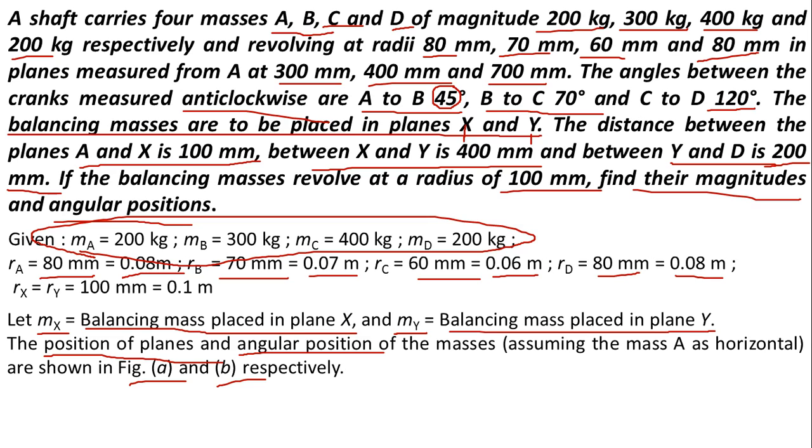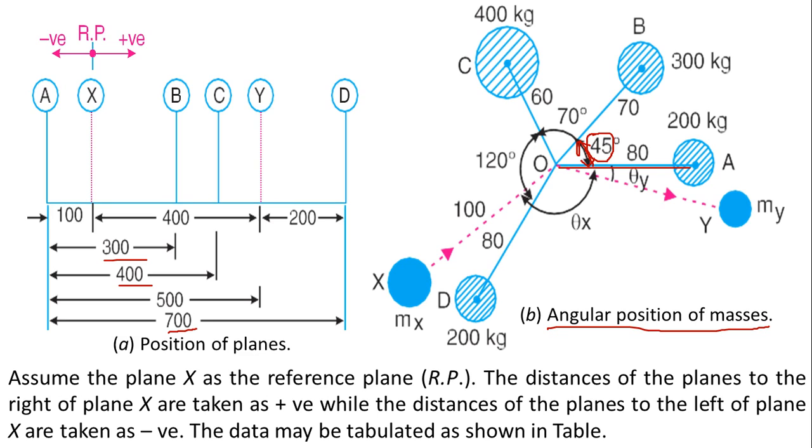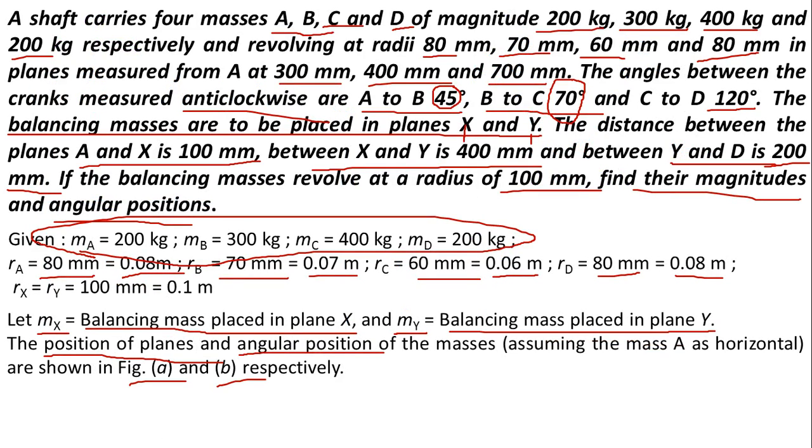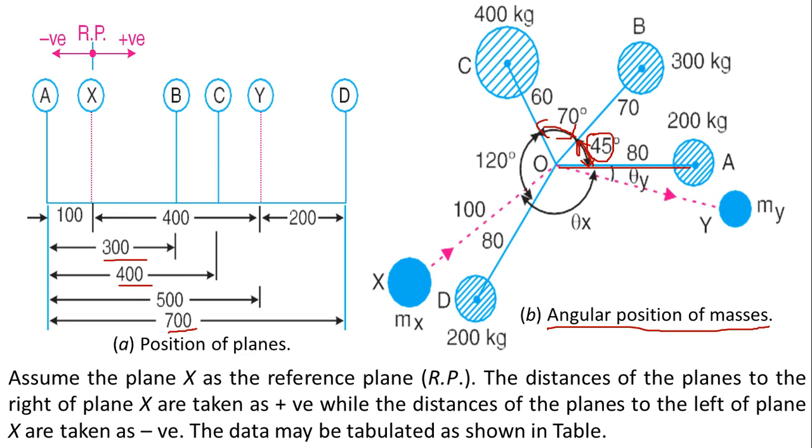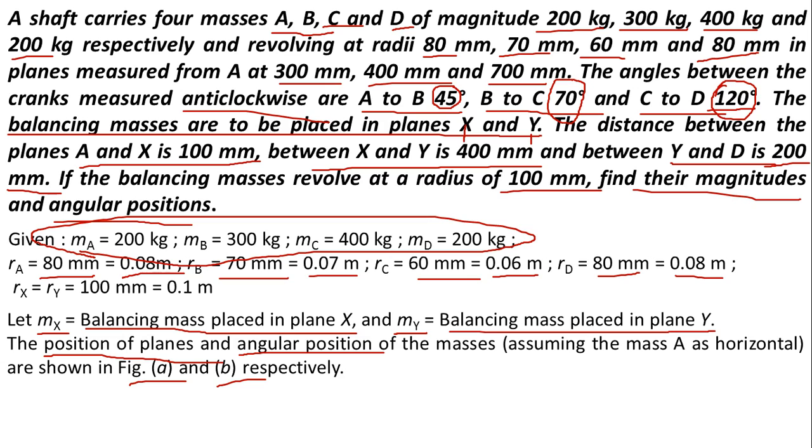Next, B to C is 70 degrees. So from B to C, the angle is 70 degrees. Then C to D is 120 degrees. So these angles are given in the question.